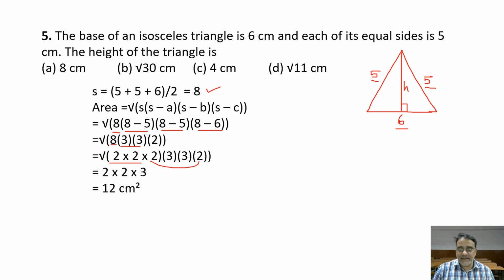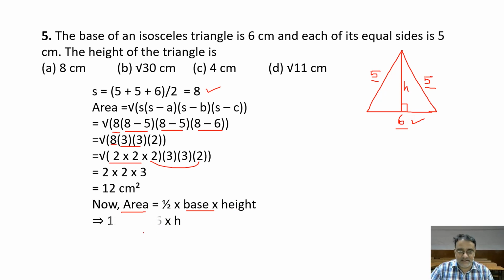Now we know that the area is equal to half into base into height. So area is 12, base is 6 and height we have to find. So half into 6 into height. So ये देखो ये 2 कैंसिल हो जाएगा and what is h, right? So we will get 12 is equal to 3 into h. So h is equal to 4 centimeter. So the correct option is C, right?